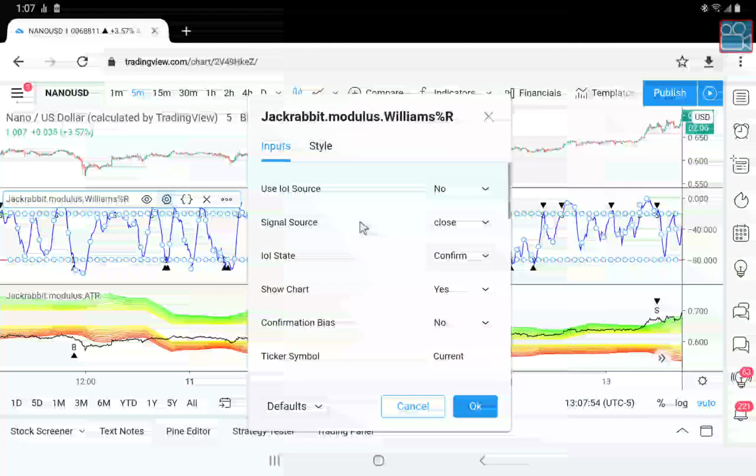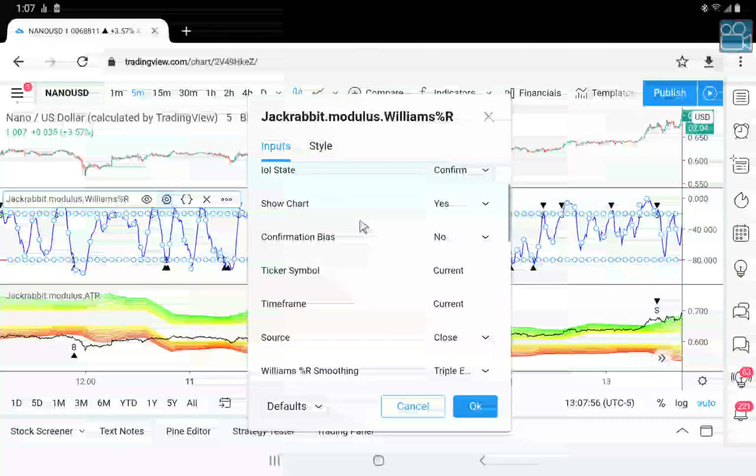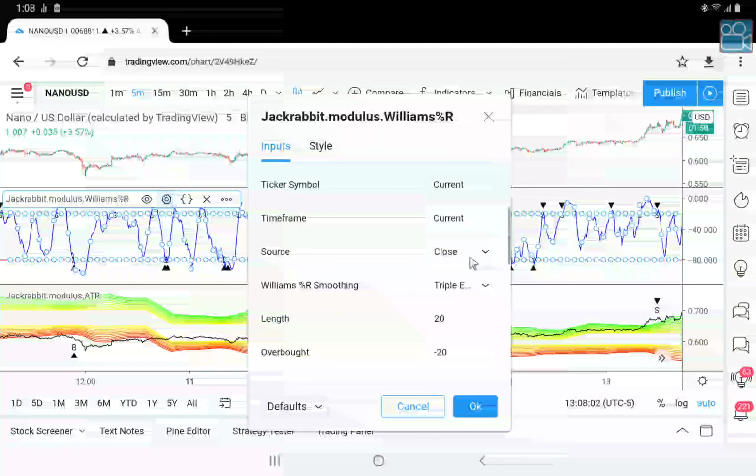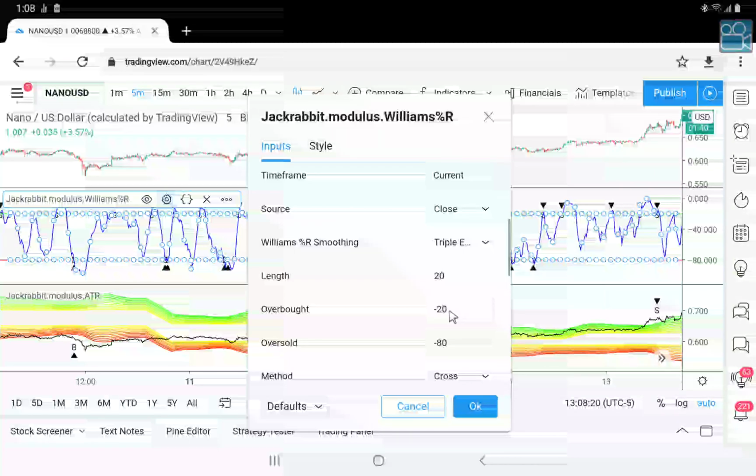There's not really a lot of changes. I used a triple EMA as my smoothing. It gave me some very consistent results and filtered out a lot of the weak signals. I didn't change the length, this is still a default, and I didn't change the boundaries, this is still a default.